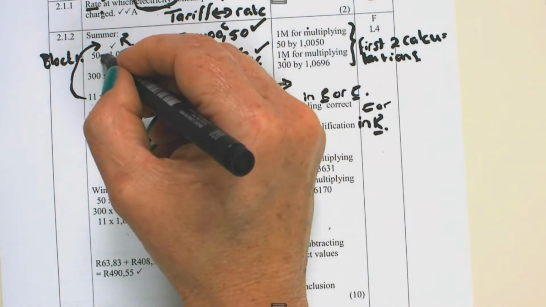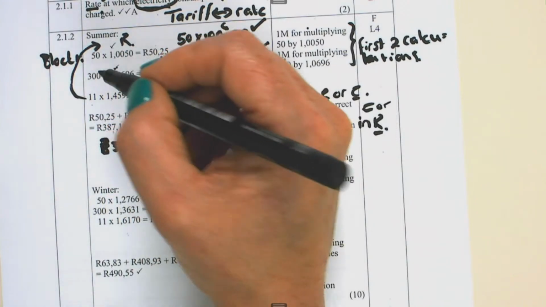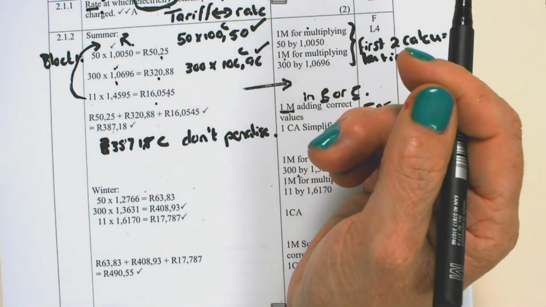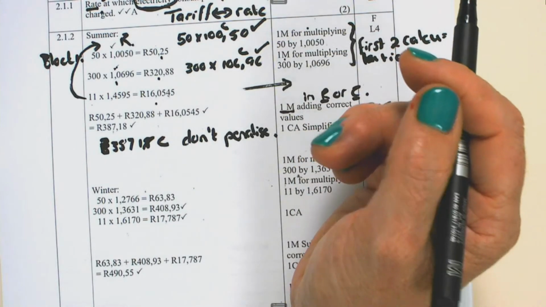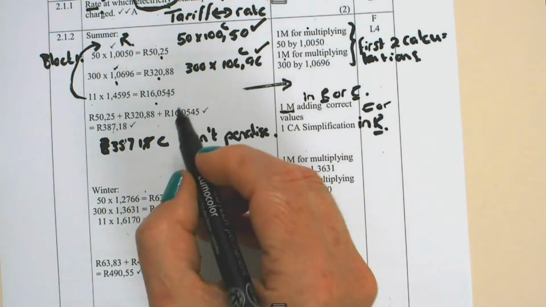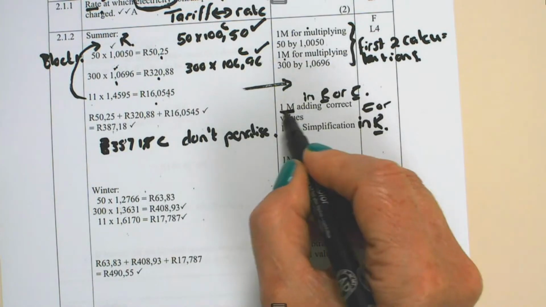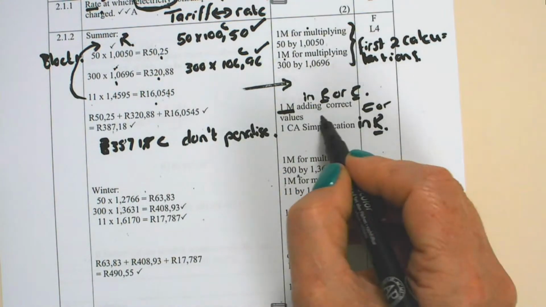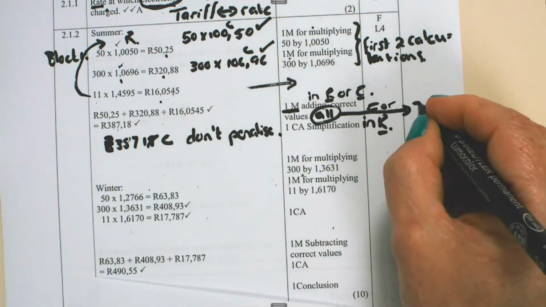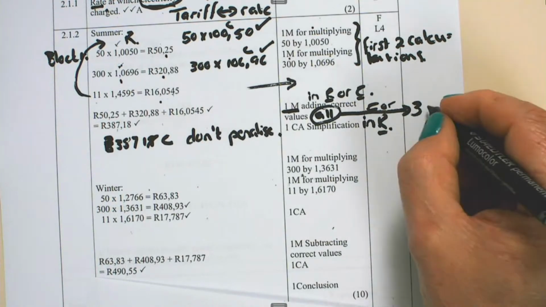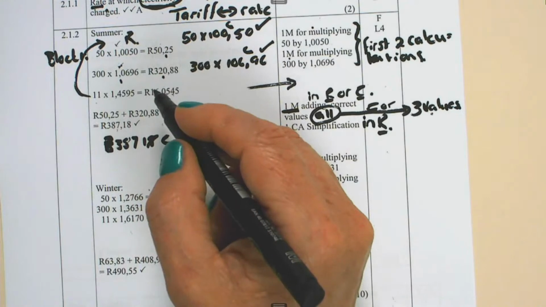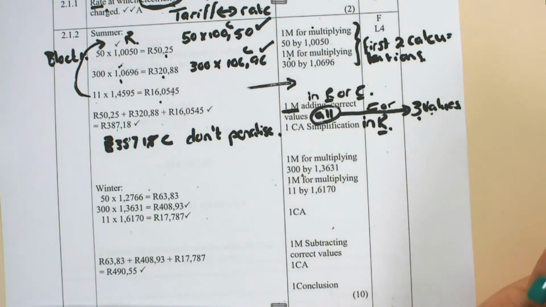If they then do the 50, you give it for the 11 times and the 50 times. So whichever 2 they do first, you can put the marks there. If they leave out the third one, you are going to penalize them here. This method is for adding all, or let's make it 3 values. If they leave out 1 value, they only add those 2 values, you're going to penalize here.